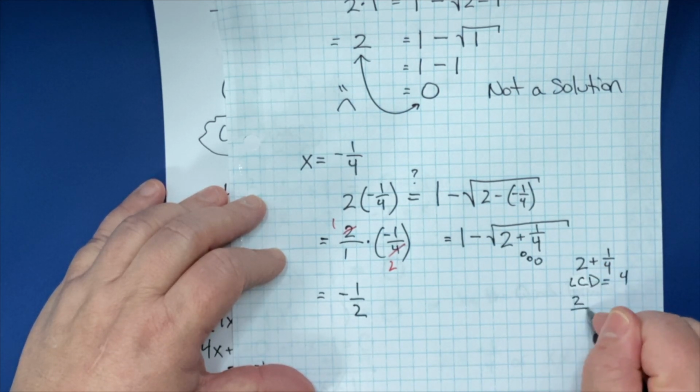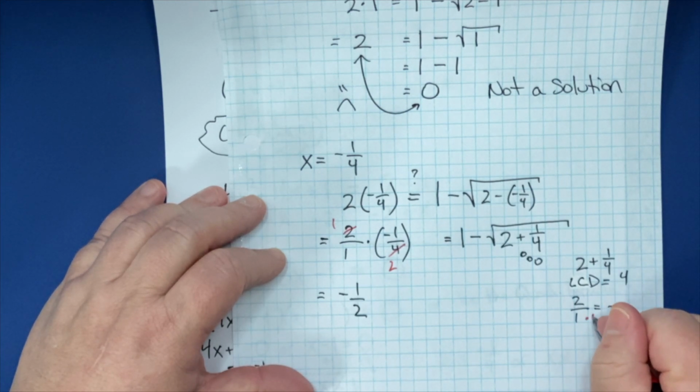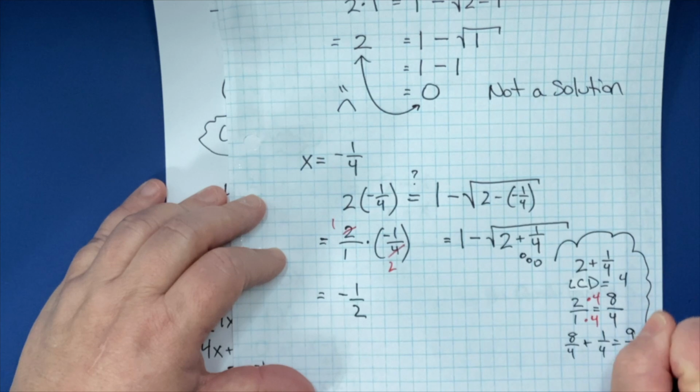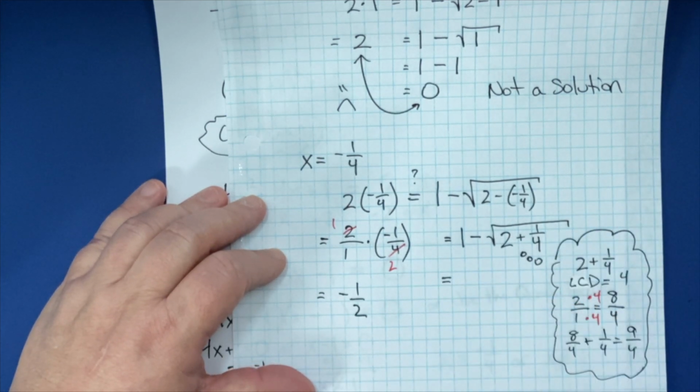So I've got to rewrite 2 over 1 as fourths. That would be multiplied by 4, multiplied by 4. Remember, you have to multiply top and bottom by the same thing, so I get 8/4. So 8/4 plus 1/4 equals 9/4. So over here, I get 1 minus the square root of, and instead of 2 plus 1/4, I get 9/4.